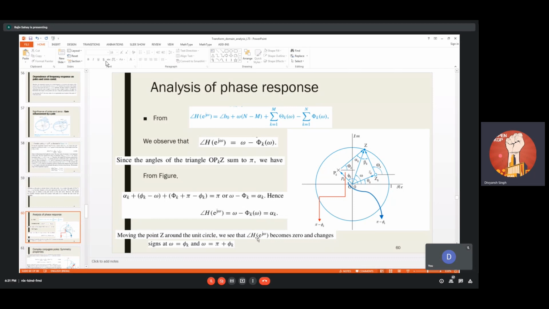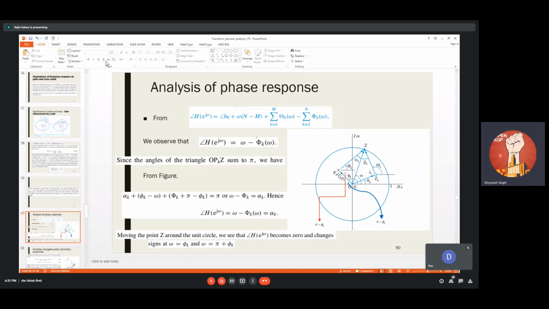So the phase response will become 0, or alpha k will become 0, when omega is equal to phi k.